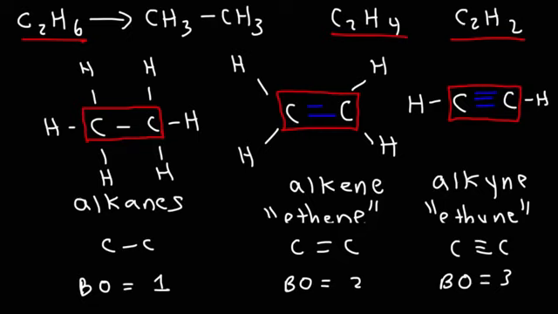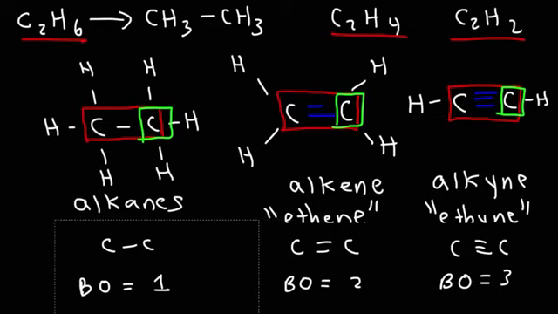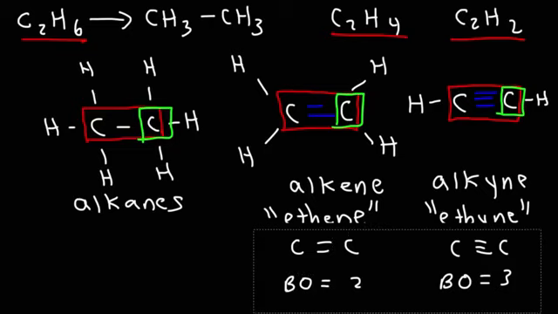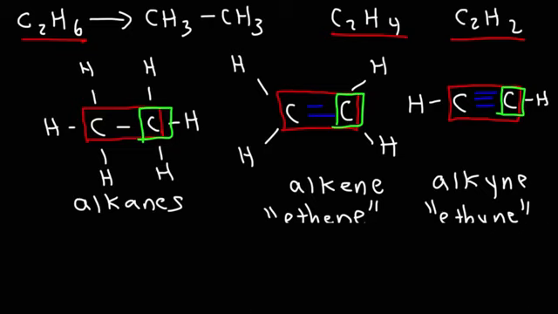Now let's talk about hybridization. What is the hybridization of the carbon atoms highlighted in green? Would you say it's s, sp2, sp3, sp, dsp3, d2sp3? What would you say?